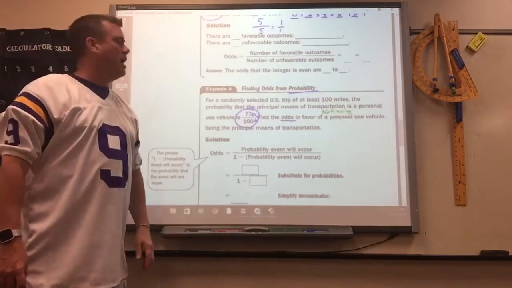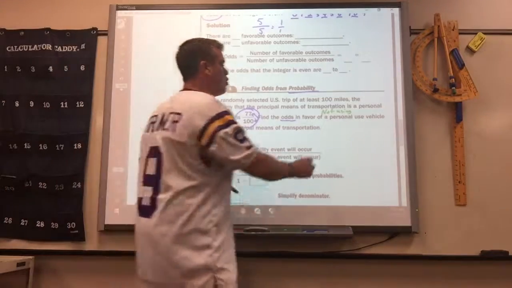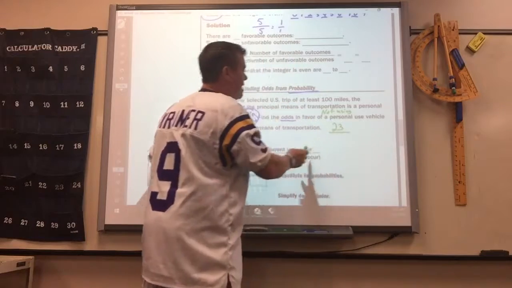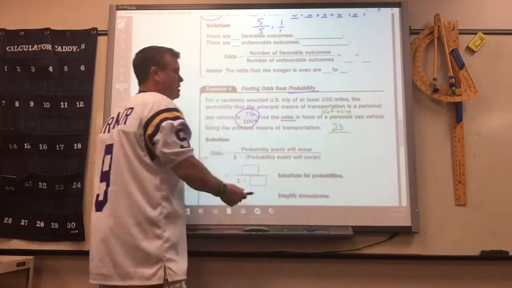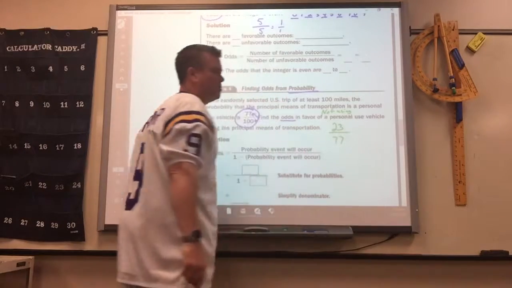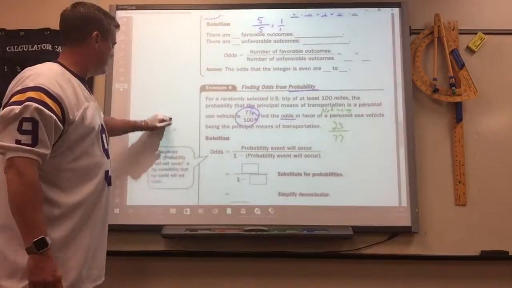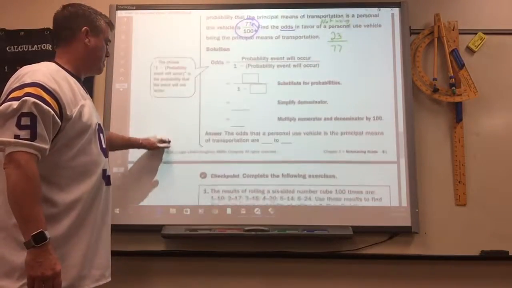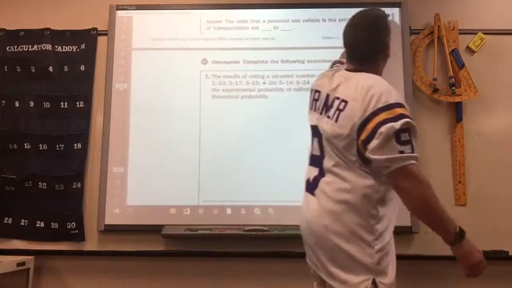So what would the odds of not using one be then? There's 23 that you would want to happen, since there's 77 of the personal use, there's 23 of the others. And then 77 is the rest of them. Okay, we already did that one, so. All right.